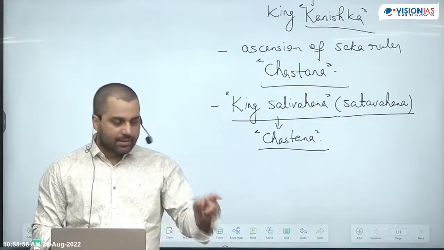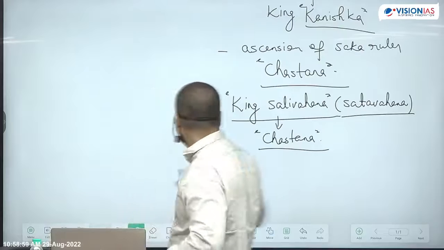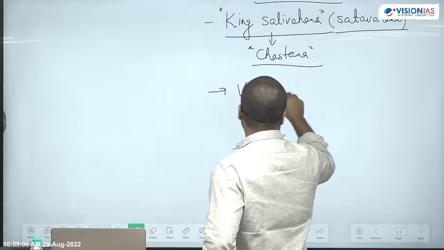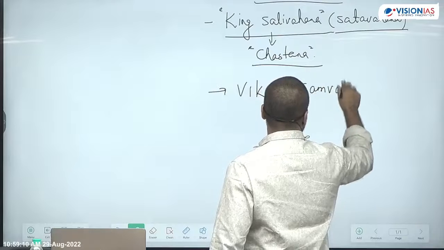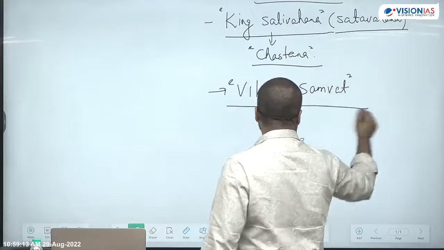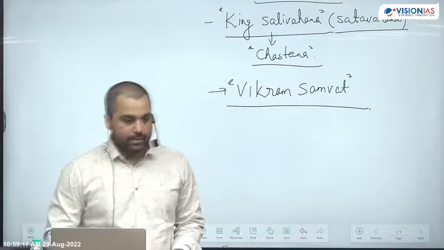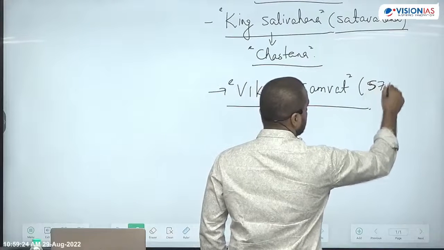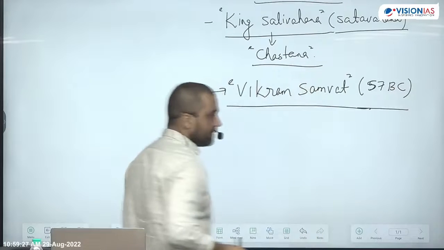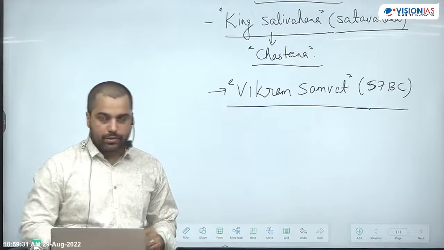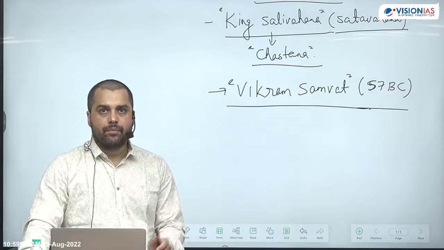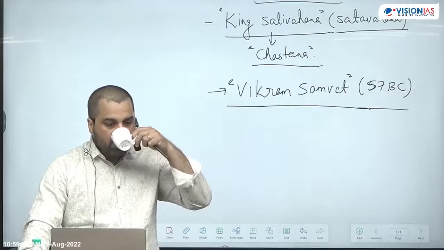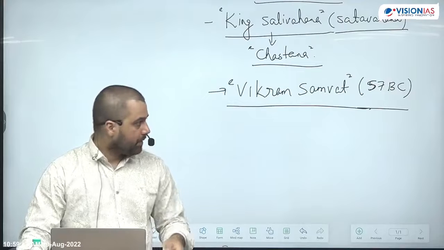Since we are writing about calendars, just write down one more piece of information. Write down Vikram Samvat, which starts in 57 BC, marks the victory of an Indian ruler against the Shaka ruler.